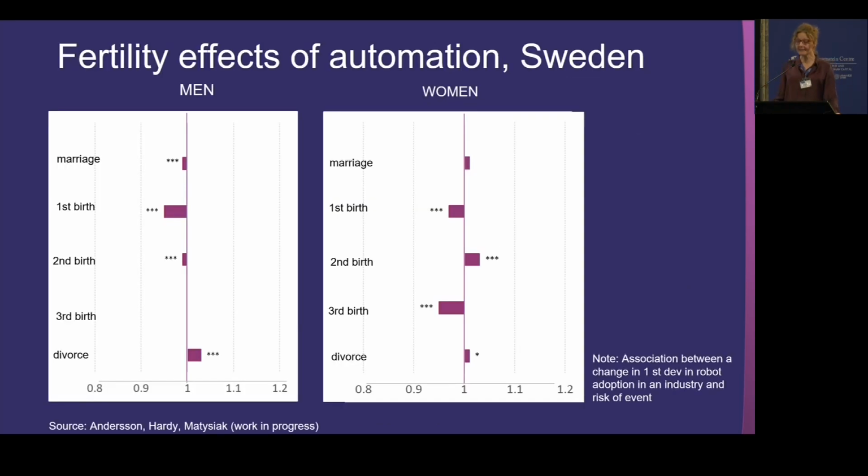These are the findings for men and women. My colleague Linus Andersson actually worked very hard and looked not only into first or second birth, but also marriage, third birth, and divorce. These are the findings. You see they are significant, but you can also very clearly see that these effects are very small.